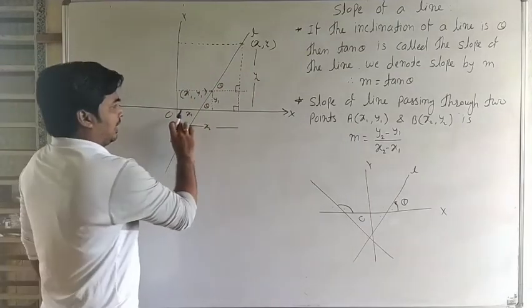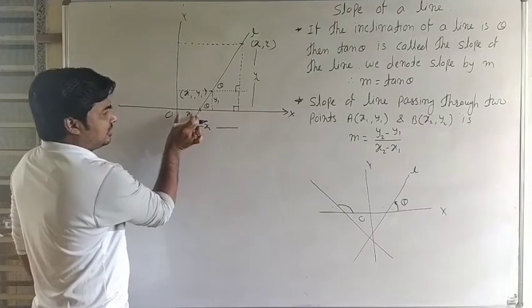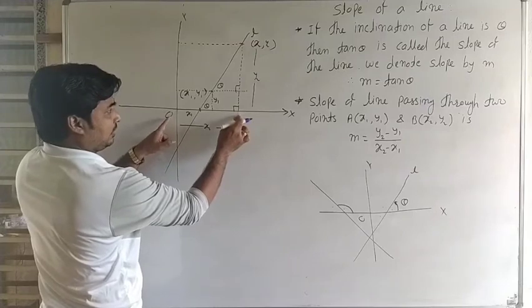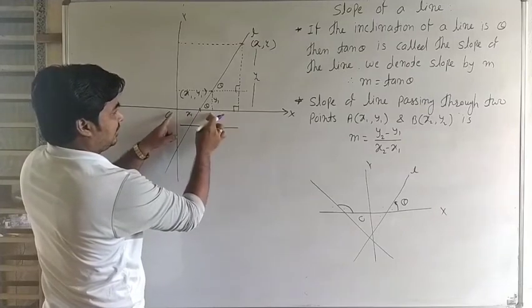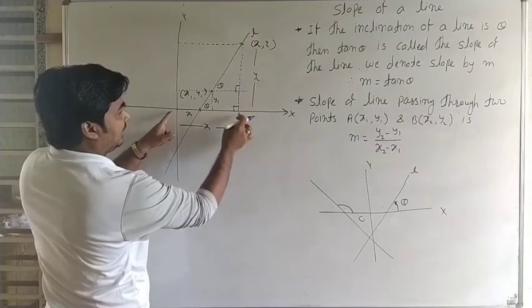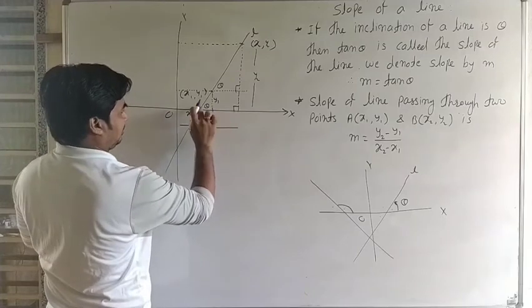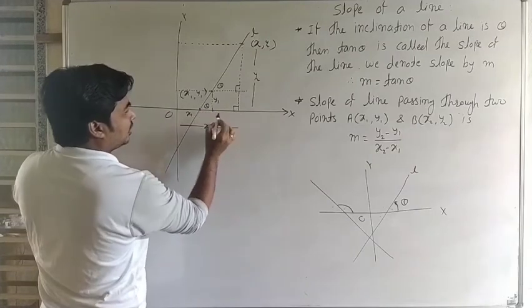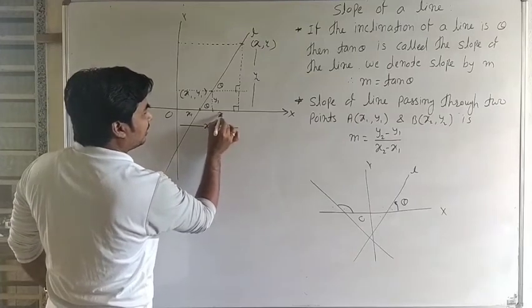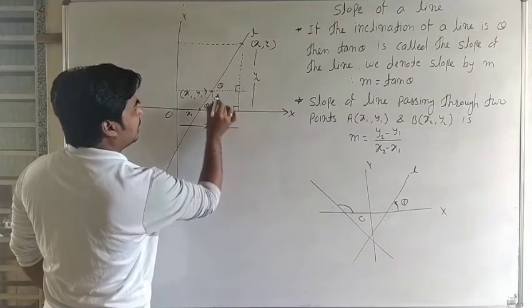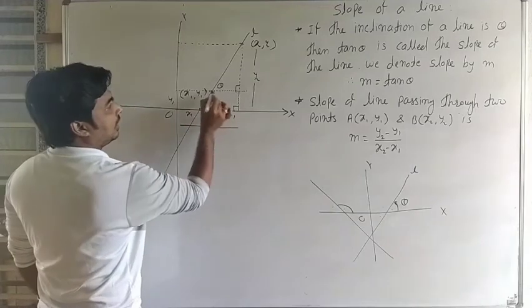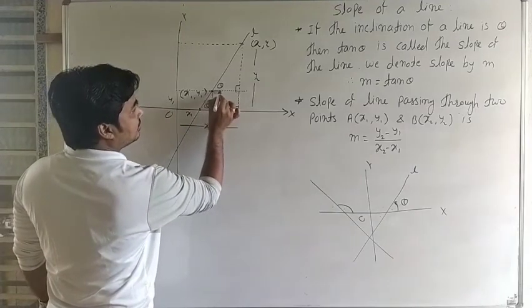Now this distance is x1 and this one is x2, therefore this length is x2 minus x1.